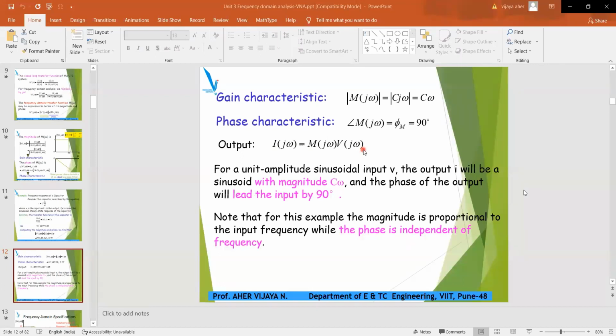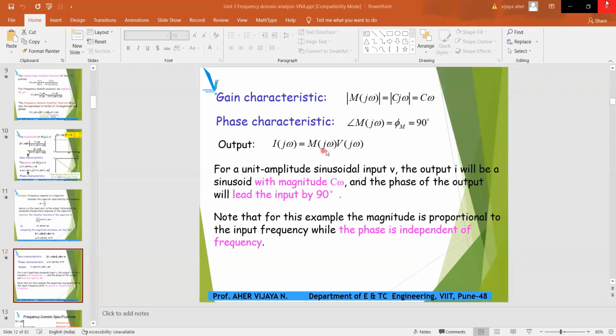And hence I have written I(j omega) is equal to M(j omega), the transfer function in frequency domain analysis, into input. Input is V(j omega). So this is the equation for output current. In our case, current is output, voltage is input. And this is the equation for gain characteristics. This is nothing but phase characteristics. This is magnitude, this is phase.